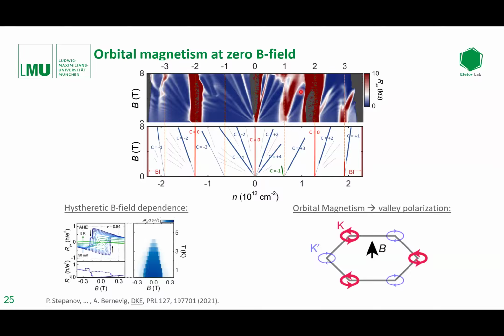For example, this Chern insulator here, which had a Chern number of 3 in high magnetic field, progresses down almost to zero magnetic field, where it switches to a Chern number of actually 1. So from filling factor 1, we were able to resolve, close to zero magnetic field, a Chern number of 1 or -1, and then it would undergo a transition to a Chern number of +3 at high magnetic fields.